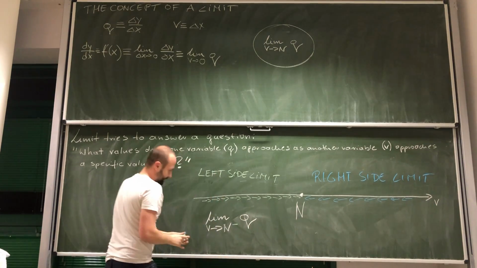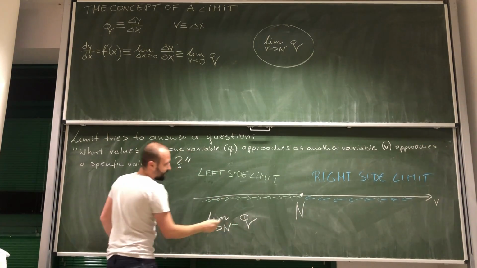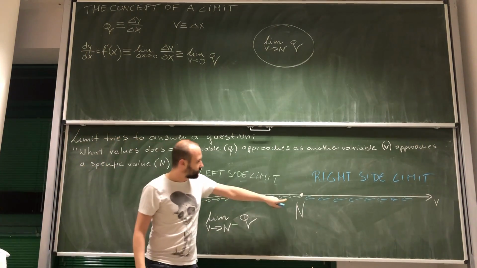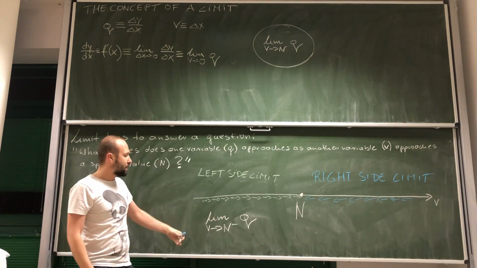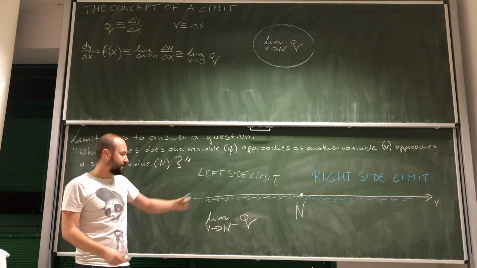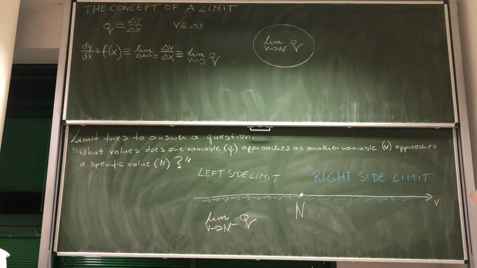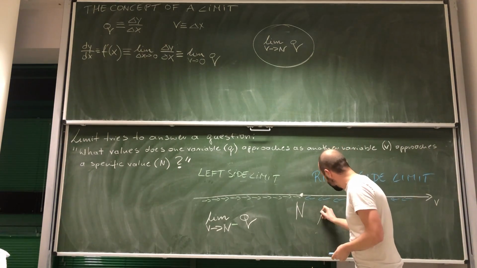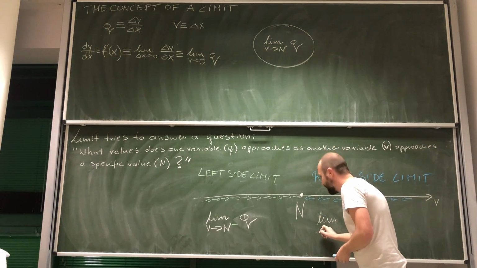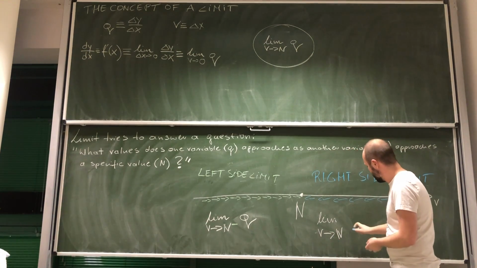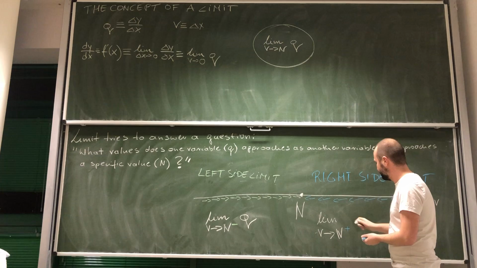This minus denotes the fact that we are getting closer and closer to n, but from values lower than n. And consequently, if we approach n from values bigger than n, we should write limit with v approaching n with a plus over here.